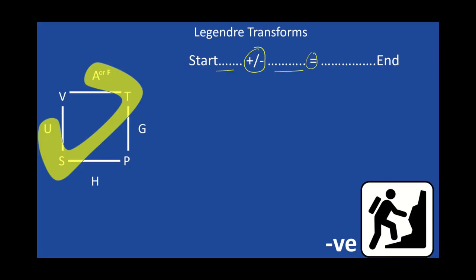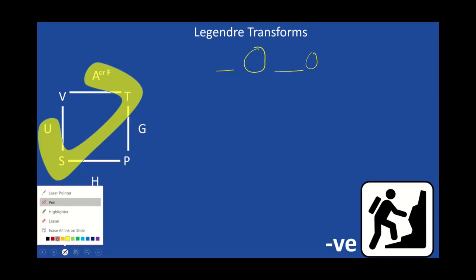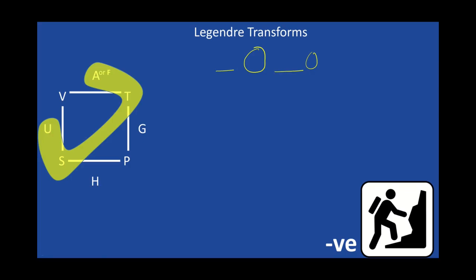So here starting is this one. Since we are going upside, as I said, it is negative. I used to remember that going uphill is very difficult, so it is negative.